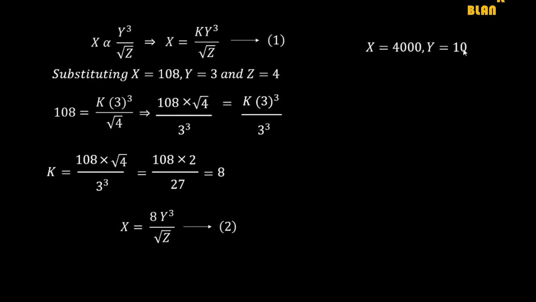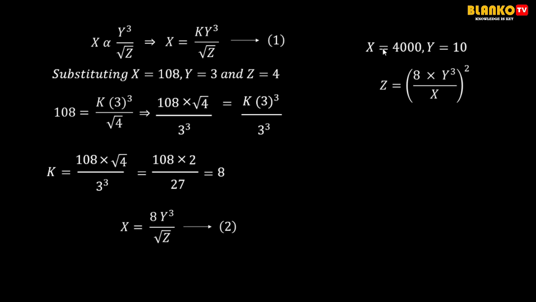Let's now solve for z when x is equal to 4000 and y is equal to 10. From equation 2, z is equal to, in brackets, 8 multiplying y cube over x, all squared.